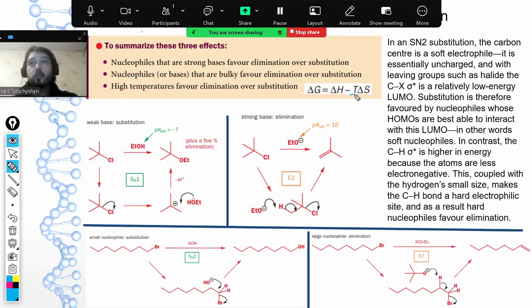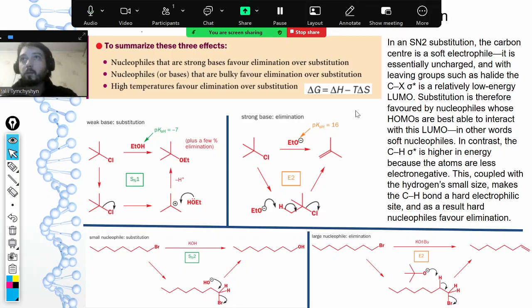So if the temperature is high enough, this term of the free energy will dominate. The entropic term dominates, and it favors elimination over substitution. Because in substitution you get the same number of molecules, while in elimination you get more of them, and this term brings your free energy more down.